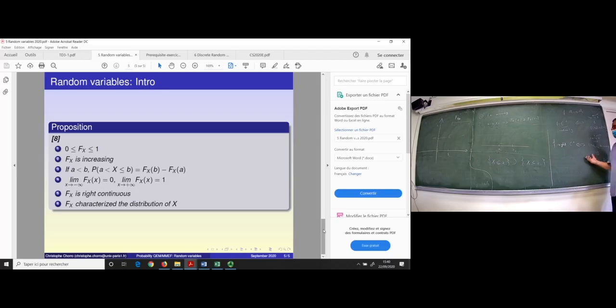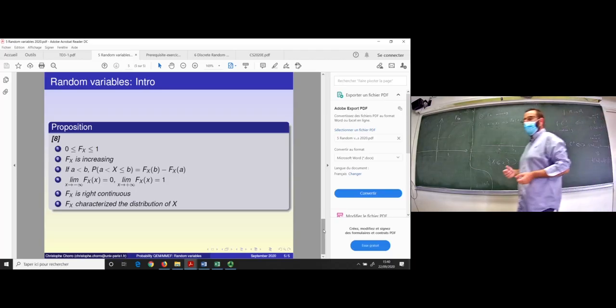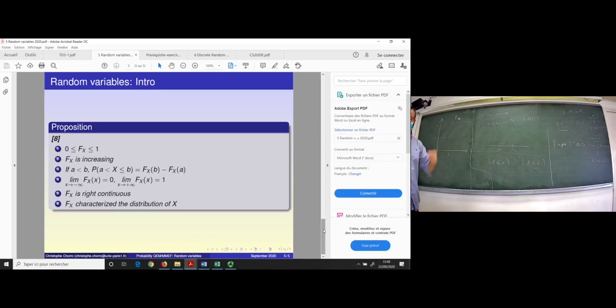And here, for a distribution function, I have only the right continuity. You will have the proof if you are interested in the list of the proofs of the course. So the limits, right continuity, and another result that we will come back to next session, which is the way we define the distribution function, in fact. I said that the distribution function characterizes the distribution of X, as we can imagine by its name.